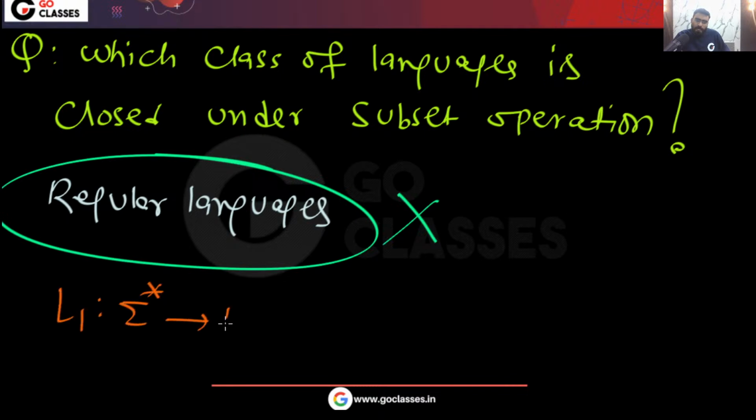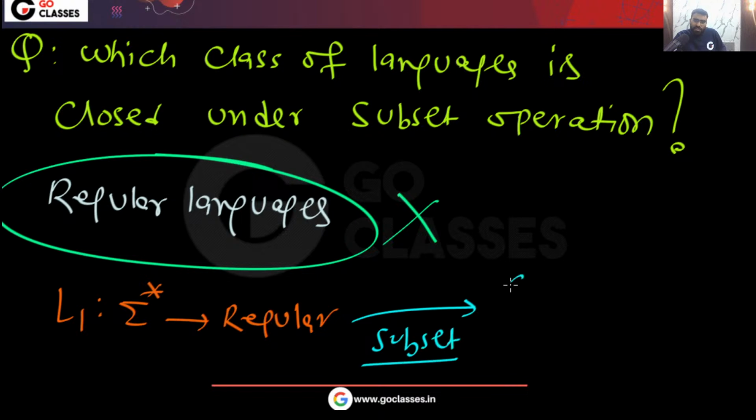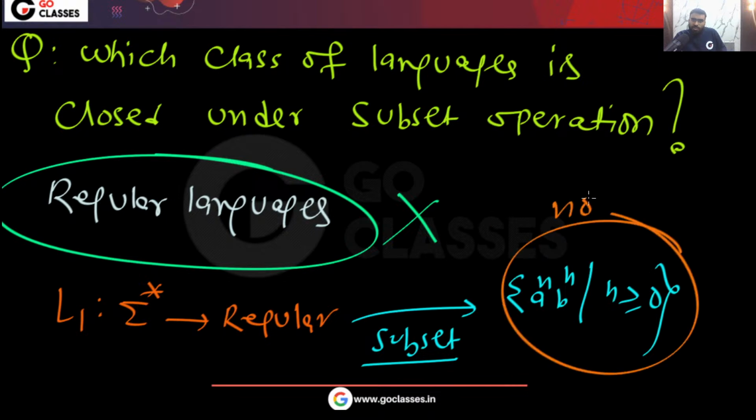This is regular. But now you can take its subset, for example, A power n, B power n. This subset is non-regular, yes or no?